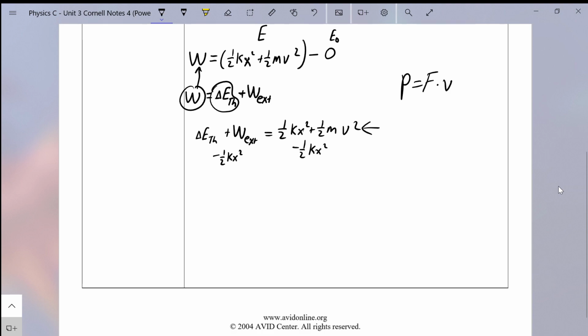Anyways, I subtract my 1/2 kx squared from both sides. These cancel, and I'm left with 1/2 mv squared on one side of my equation. And on the other side, I get delta E thermal plus work done by the external force minus 1/2 kx squared.